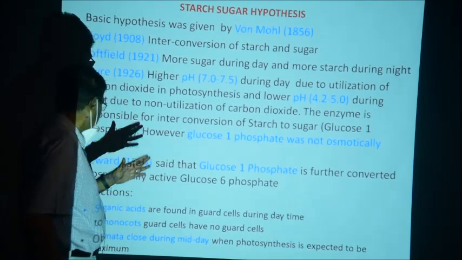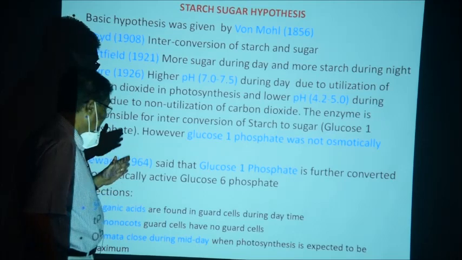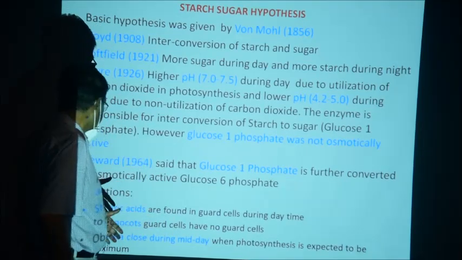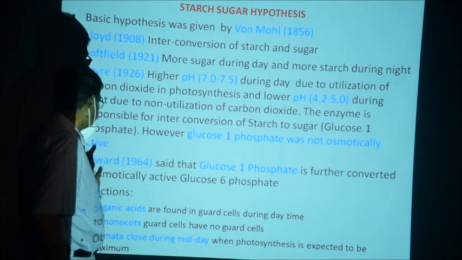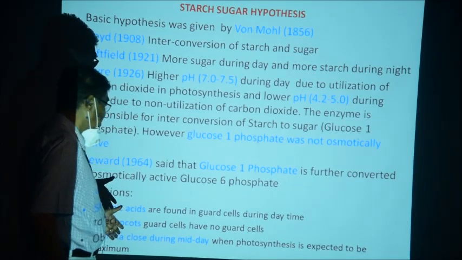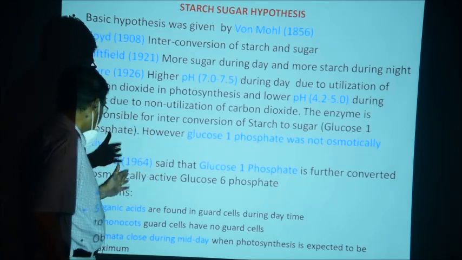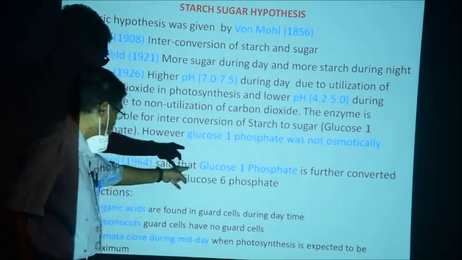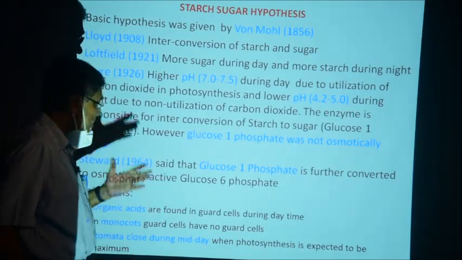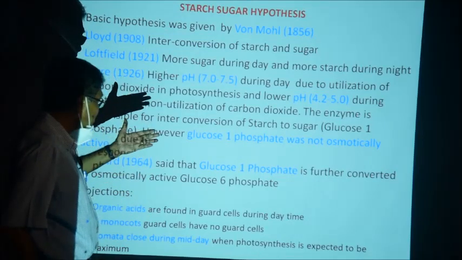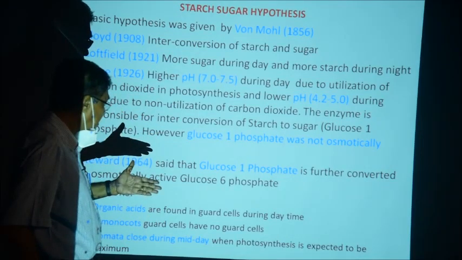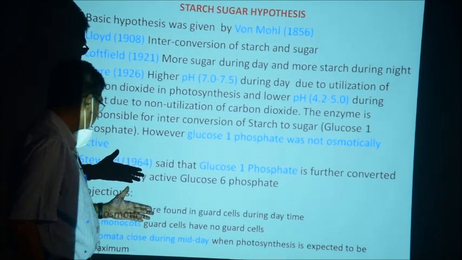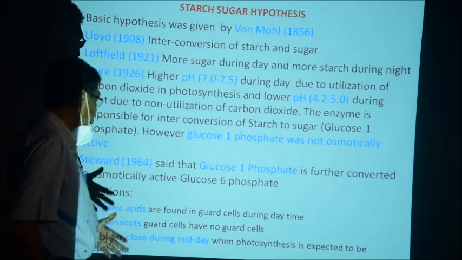Now, glucose 1-phosphate is not osmotically active, as per Stewart. So, Stewart said glucose 1-phosphate is further converted to glucose 6-phosphate. So, what happens? Starch is converted to glucose 1-phosphate at higher pH, and glucose 1-phosphate is converted to glucose 6-phosphate.